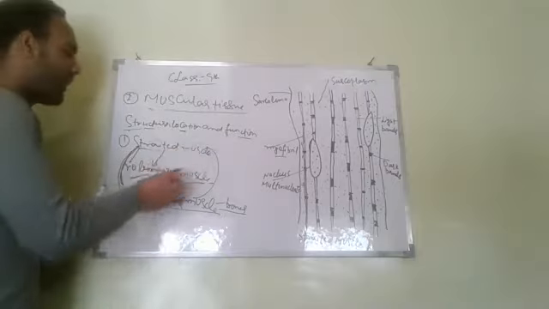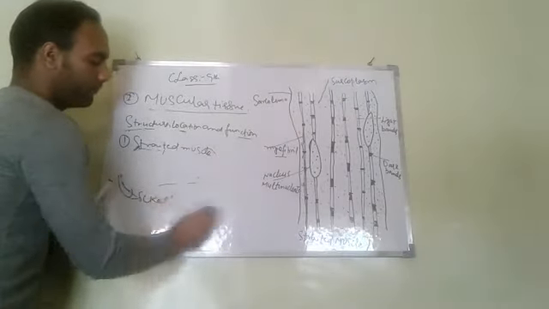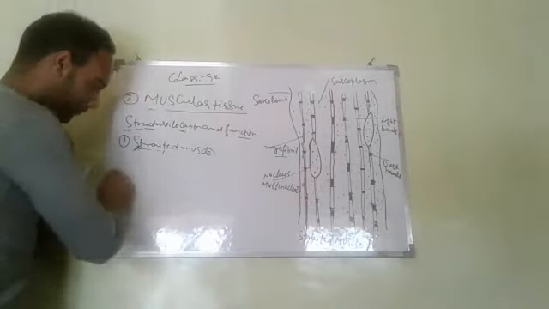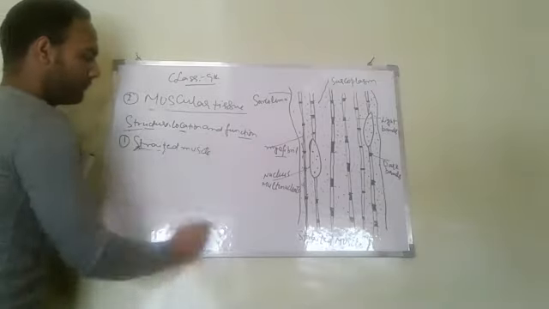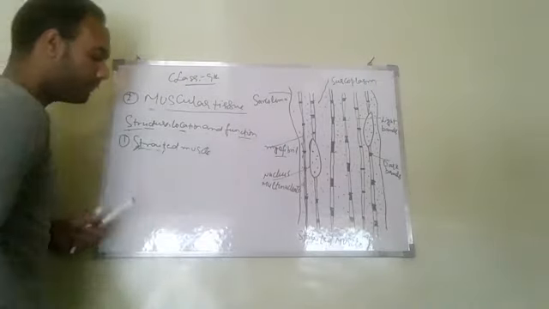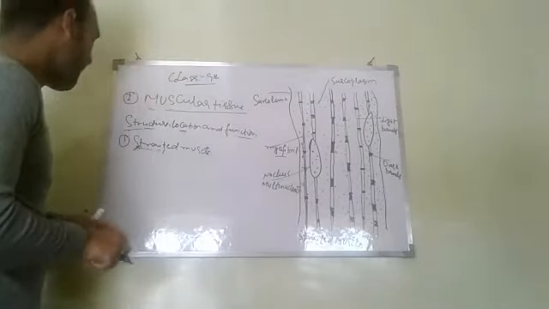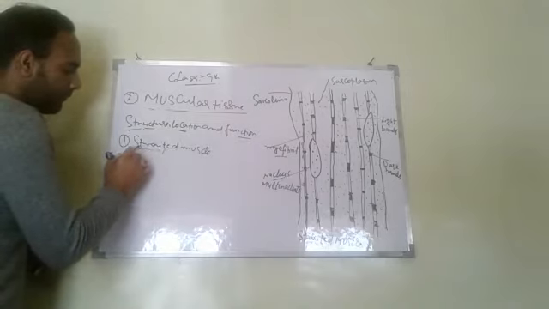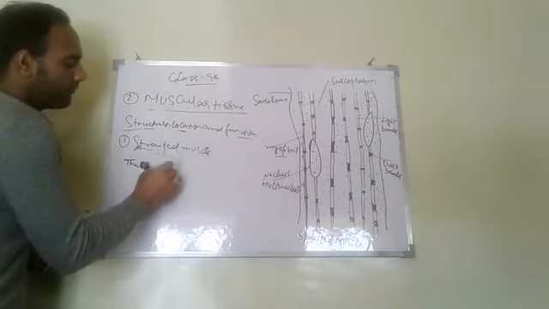Now, what is the structure of this striated muscle? This striated muscle consists of striated muscle fibers.